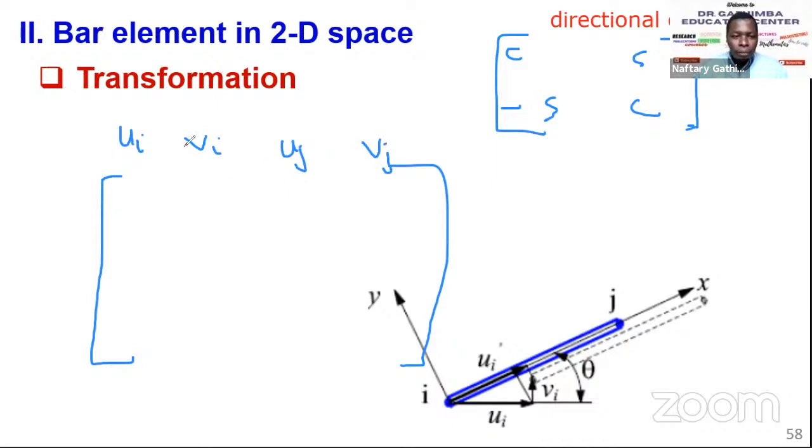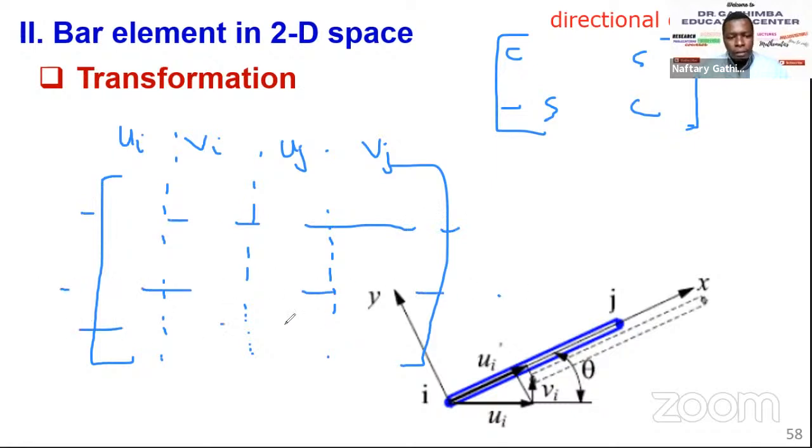We have introduced something here. This is what I was saying, you can use a pencil there to demarcate, so that we are going to fill these cells like that. Ui, Vi, Uj, Vj.